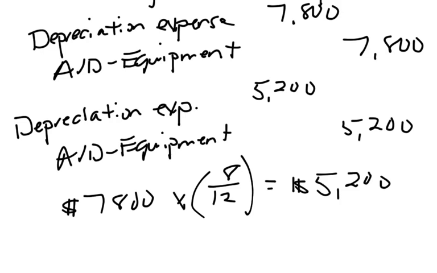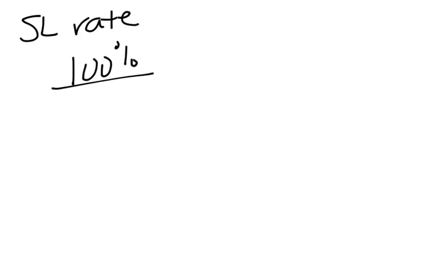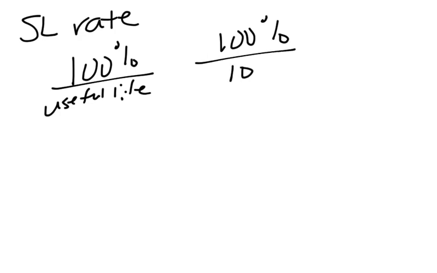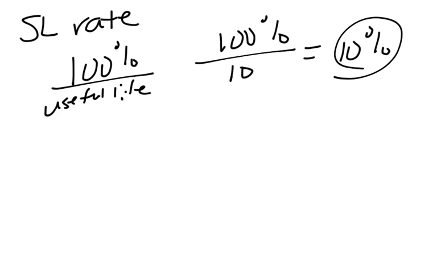Another way that you can do things, let me just get a new page here. You could actually calculate what we refer to as the straight line rate. For the straight line rate, you take 100% and divide it by the useful life. So in our example, we would take 100% divided by 10 because that was our years. And this gives me 10%. So this is the straight line rate. I can take 10% and multiply it by the depreciable cost and get depreciation that way.